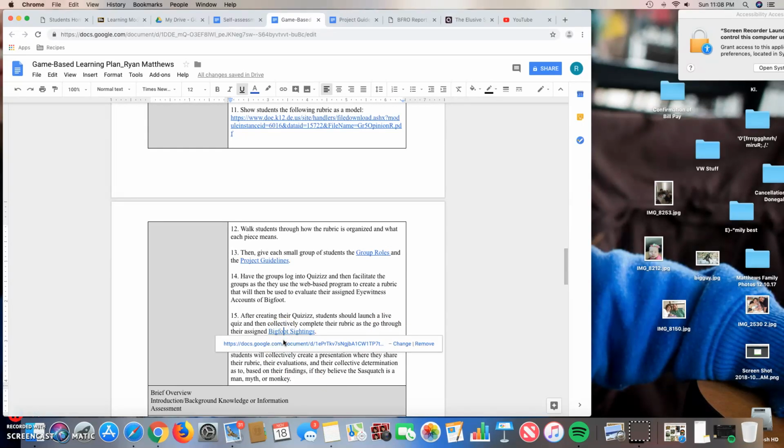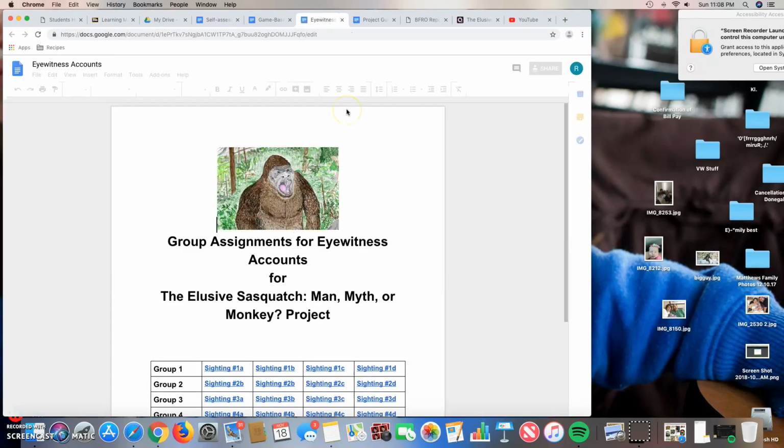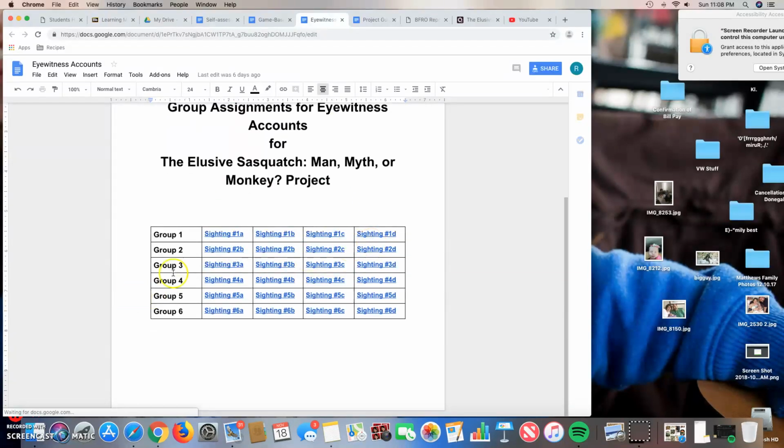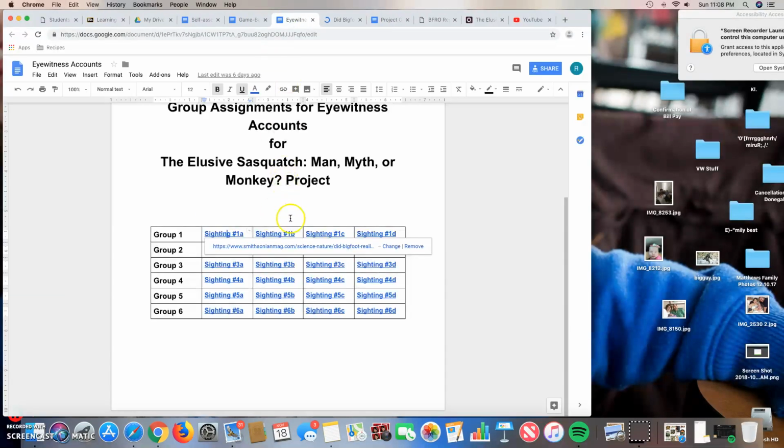So just to give you a taste, each group has been assigned 4 Bigfoot sightings. These are all different. So we can just see the first one, just to see what the range is.